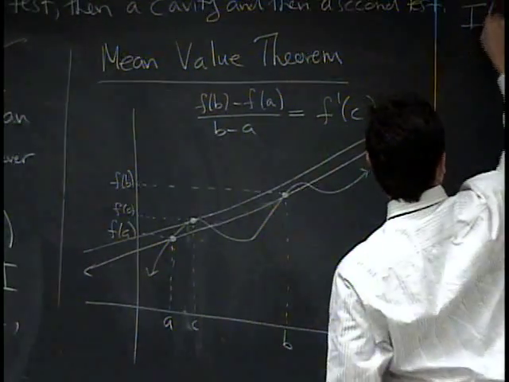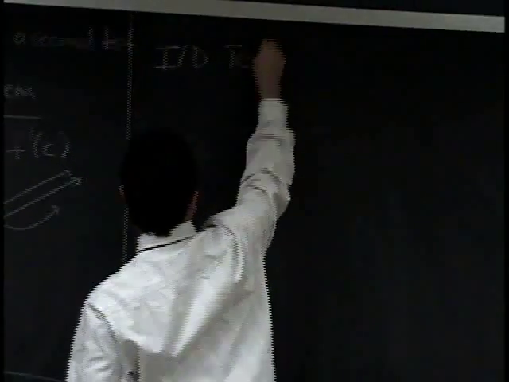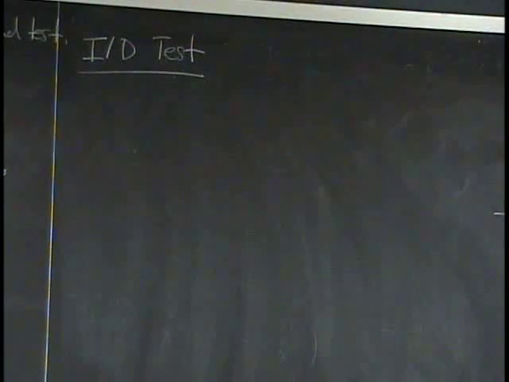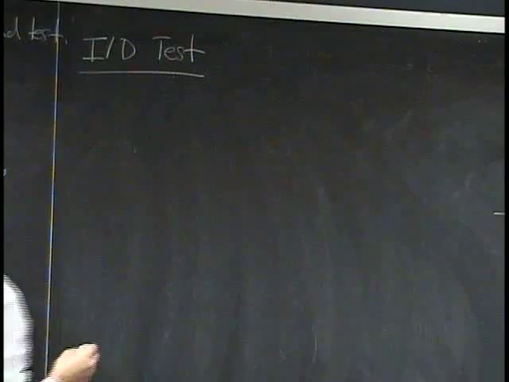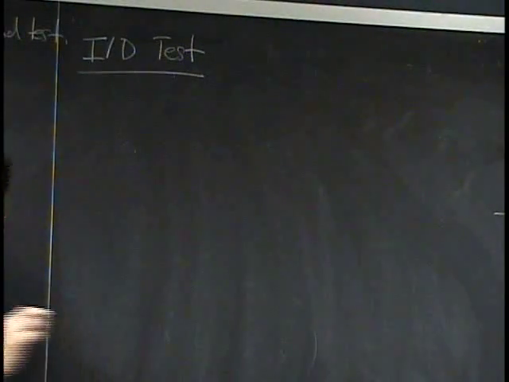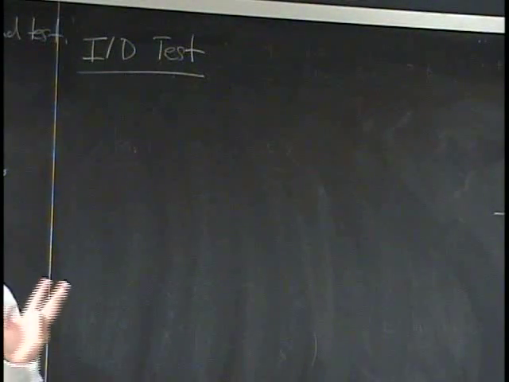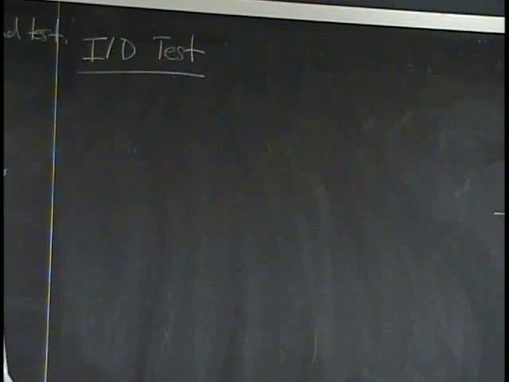So I'm going to call this the ID test. We're always going to be assuming now that we have a function which is differentiable on our interval.